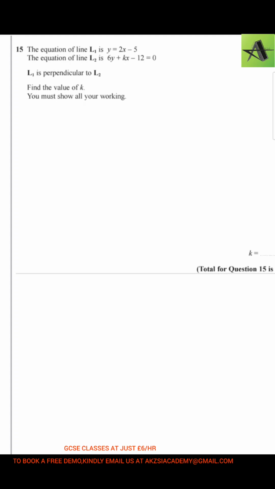It's very simple. Whenever it's given that two lines are parallel or perpendicular, we have to use this information: if two lines are perpendicular, their slopes are negative reciprocals of each other.